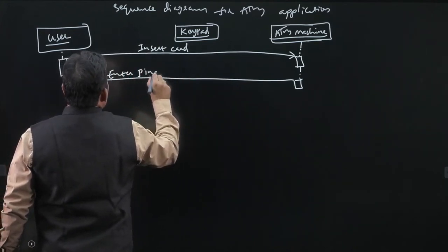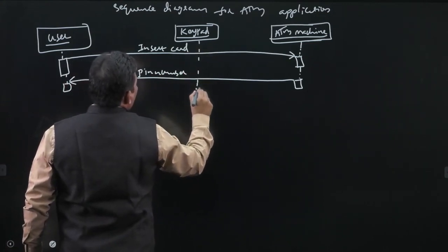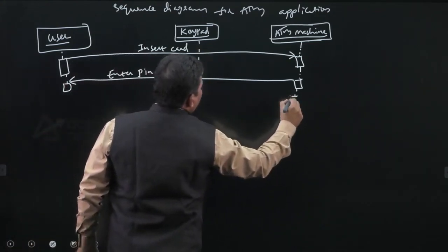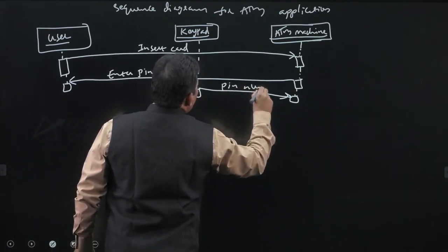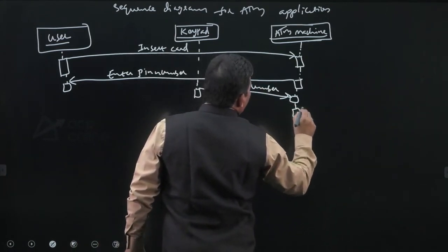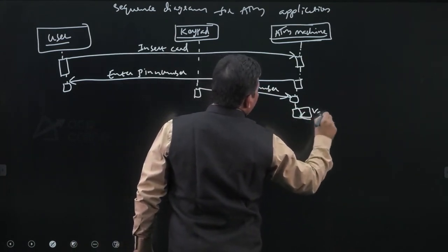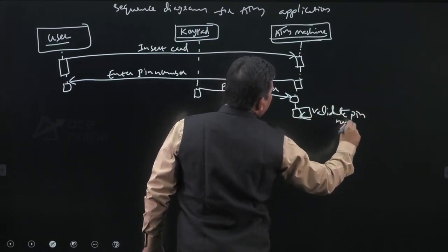With the help of the keypad, the user enters the PIN number. Then it is checked whether the entered PIN number is valid or not. Validate PIN number is a self message passing.